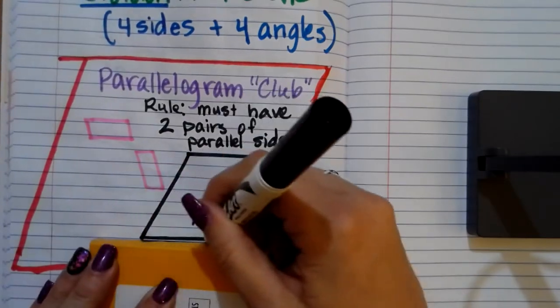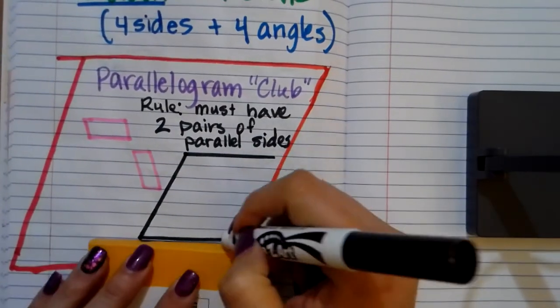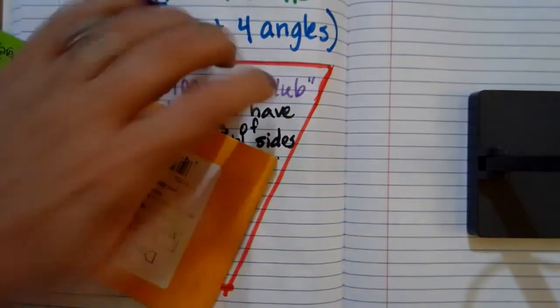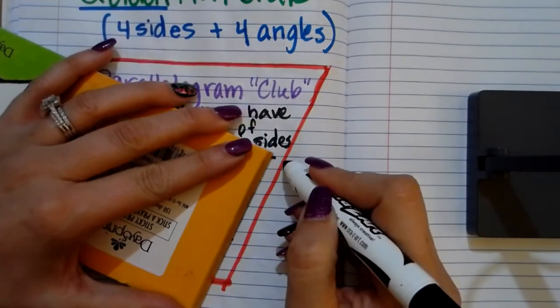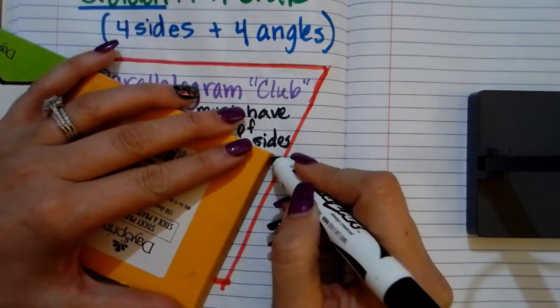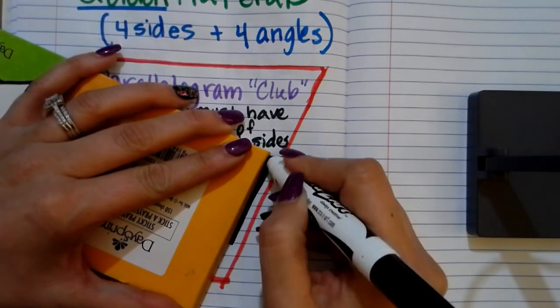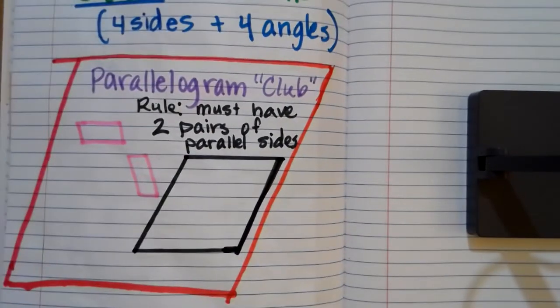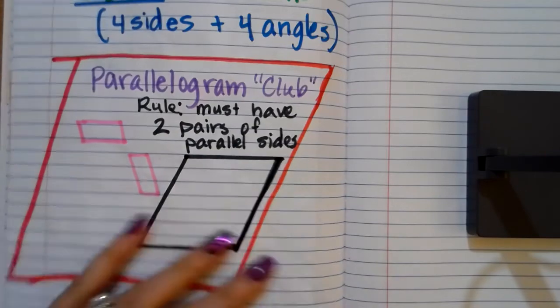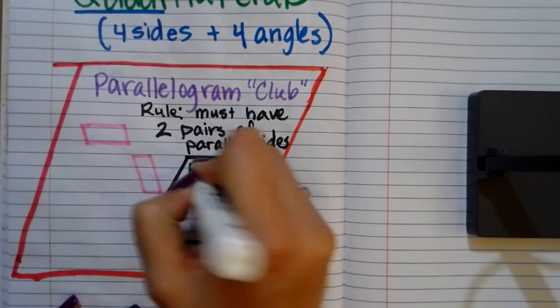You can use the edge of your paper, however you need to do that. So in here, that is going to represent our rhombus club. So rhombus.